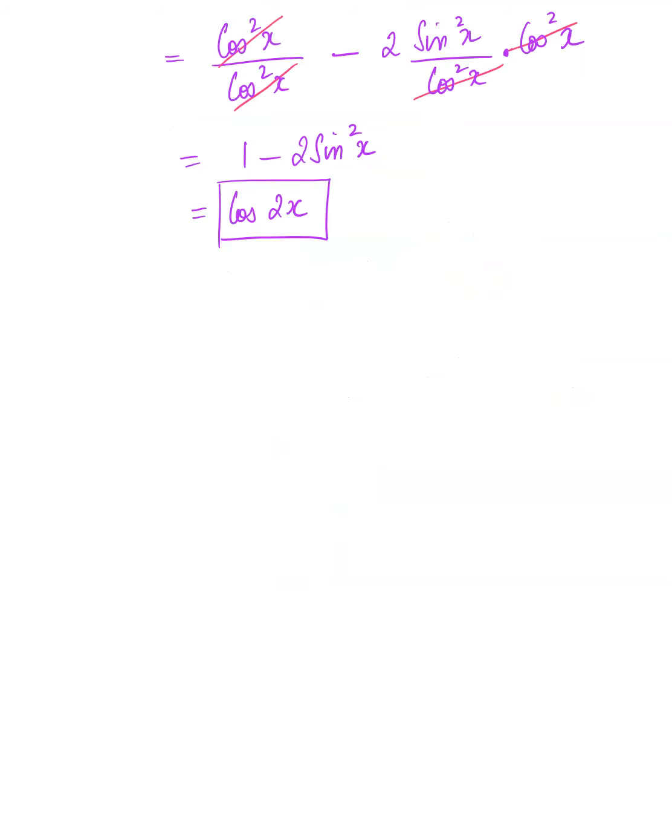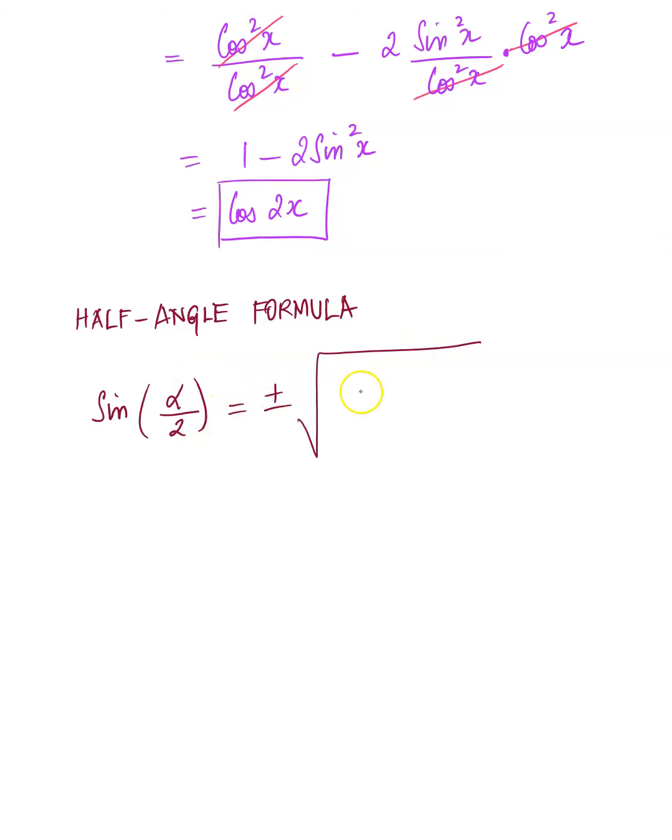Next, let's talk about half angle formula and power reduction formula. As the name says, the angle will be halved. So sine of alpha over 2 will be plus or minus square root of 1 minus cosine alpha over 2. The plus or minus we will be able to decide based on which quadrant the angle is.